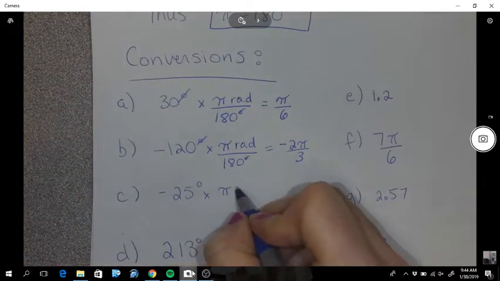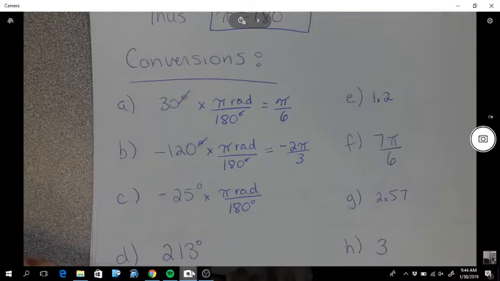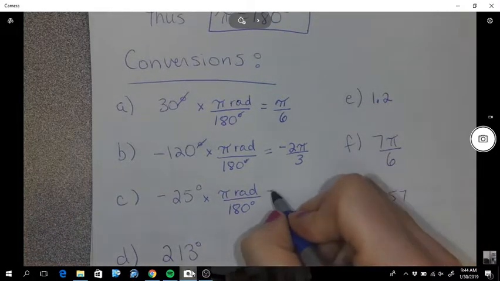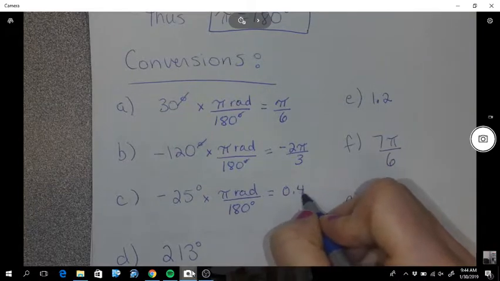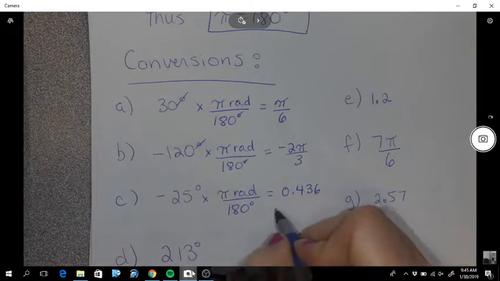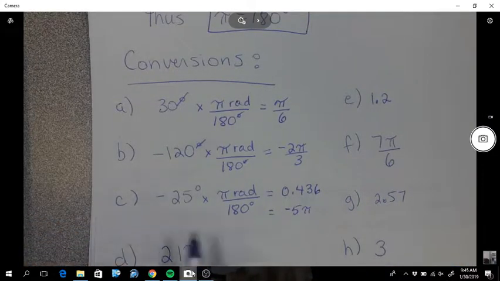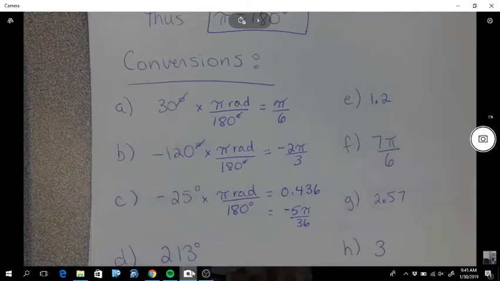So we're going to times by pi, divide by 180, and we could convert this to decimal form, so I'll give you decimal form. Or dividing by, what do they both divide by? 5. So you could have had negative 5 pi over 36.